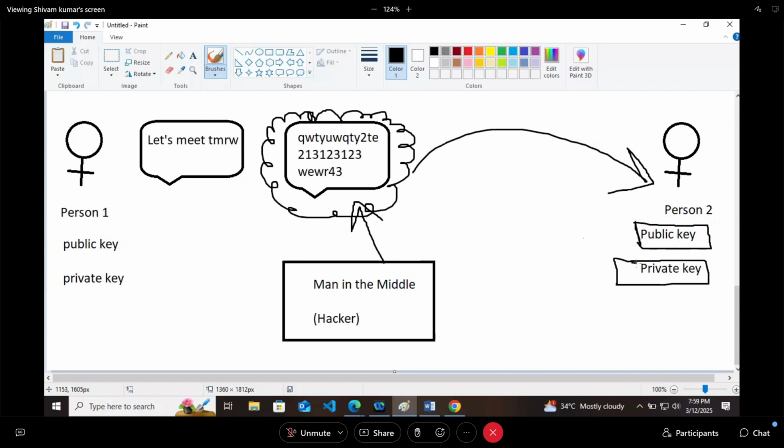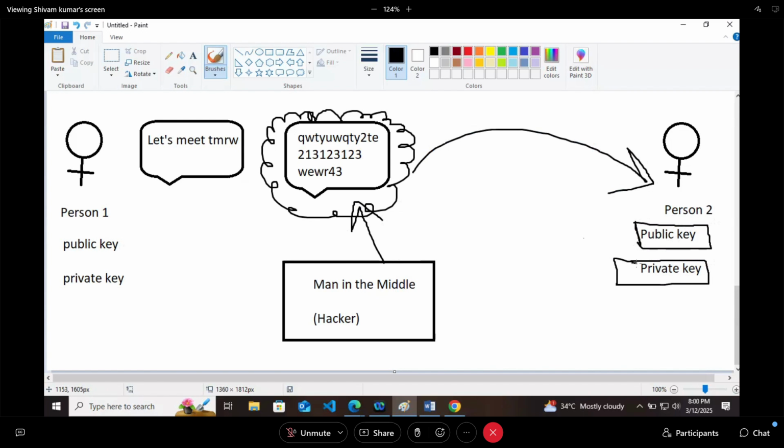So which key is used now? And now you should answer this question. The public key of the receiver.